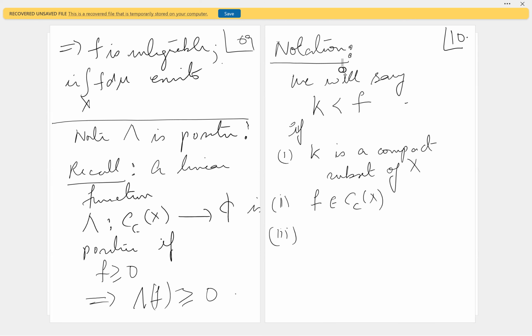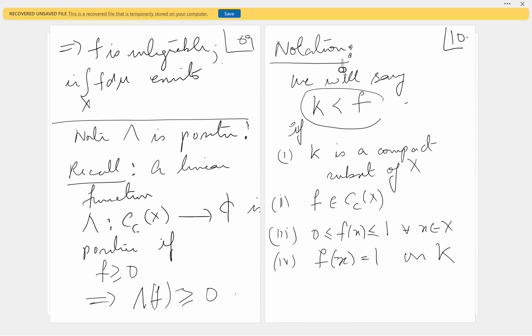Third, f takes values between 0 and 1 only. And finally, f takes the value 1 on K. So all these 4 points are encoded in this notation. Okay, so let's agree to call it K less than f, though one side is a set and the other side is a function. Okay, so I will use this frequently.